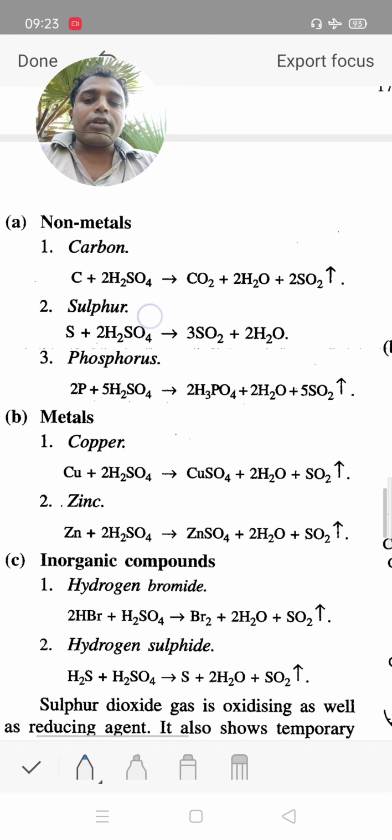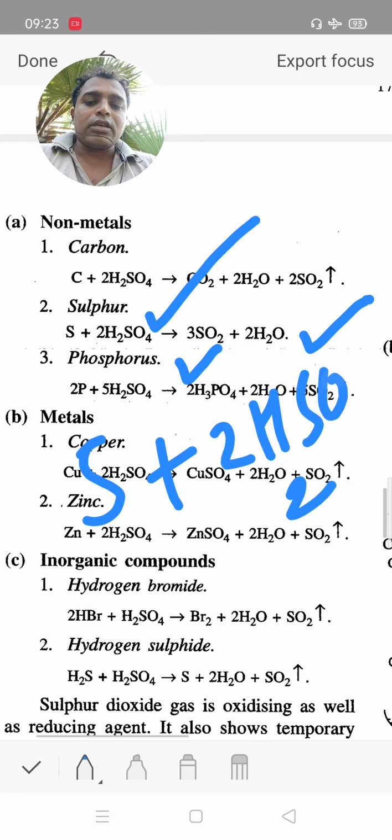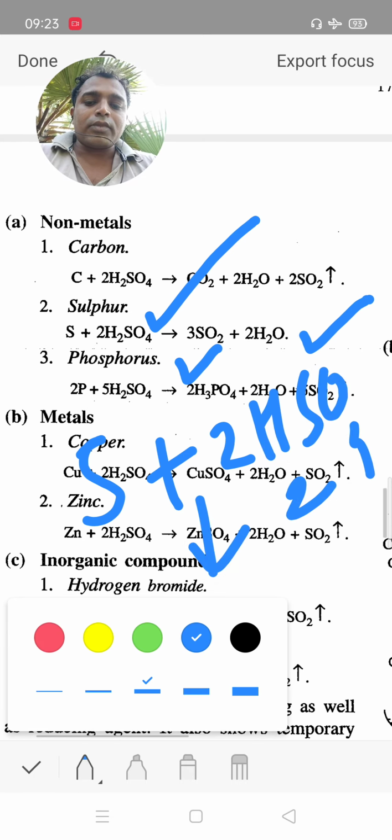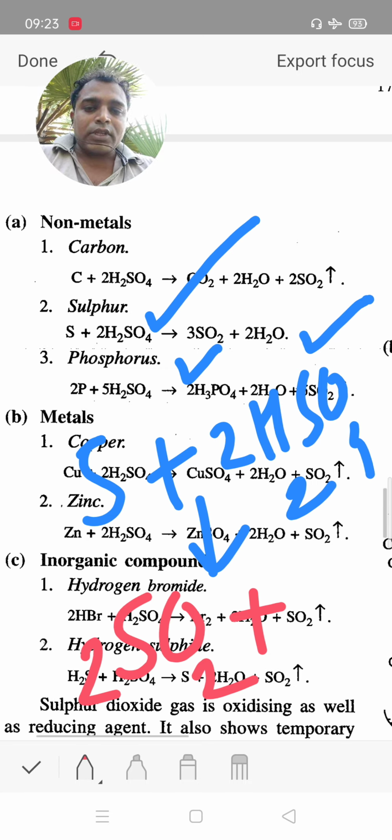Now sulfur also reacts with sulfuric acid. It gives sulfur dioxide and 2 times water. Sulfur reacts with H2SO4, 2 times. It gives SO2, sulfur dioxide, 3 times. In the products there are a total of 4 oxygens from water and SO2, but in the reactant there are a total of 8 oxygens. The remaining 4 oxygens and the hydrogens give 2 times water.